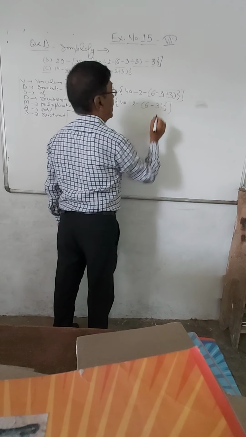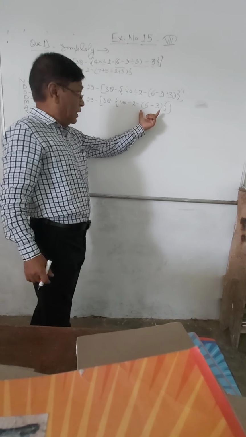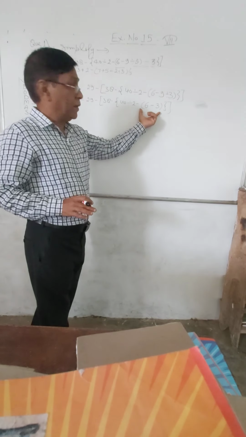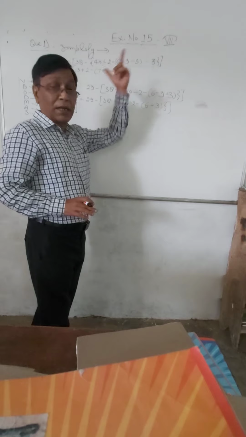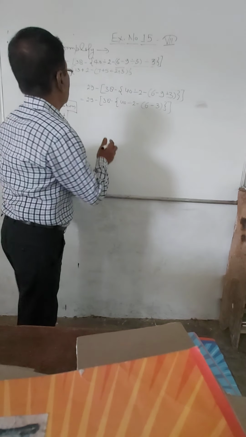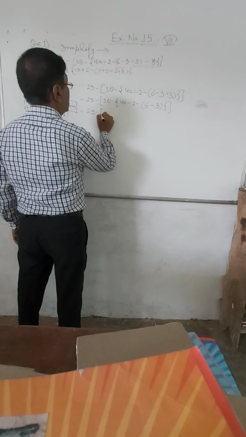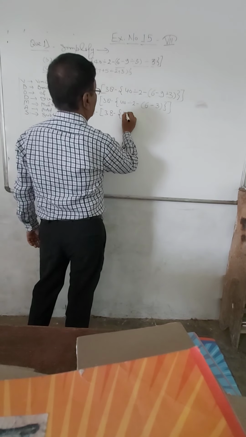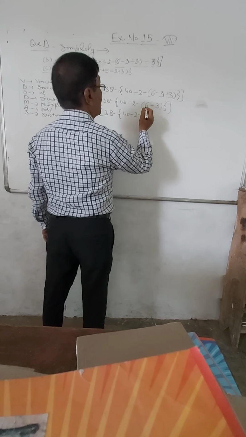Close, put all the brackets. Solve step by step till this bracket is completely solved. Now again 6 minus 3. When you solve it, you can take this bracket out. Now 29 minus 38 minus 40 divided by 2 minus 6 minus 3.